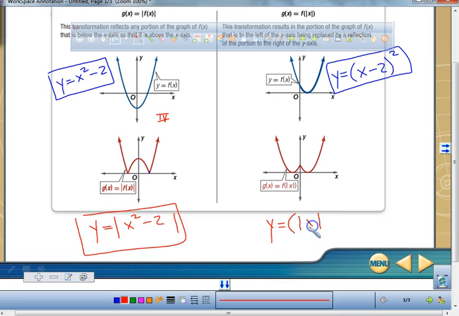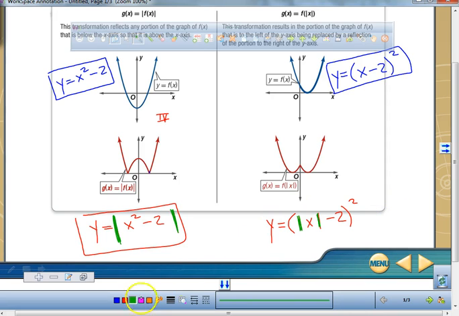Just put absolute value around your values for x. So look where the absolute value bars are. Okay, do it in green. Here, they're on the outside of everything. Over here, they're right just on either side of just your x variable.